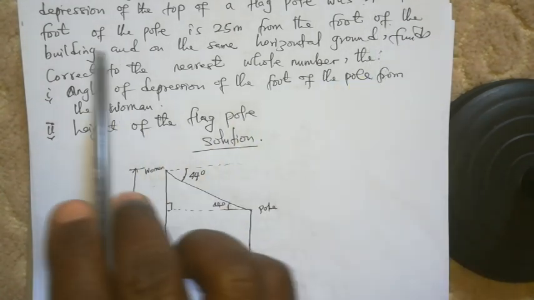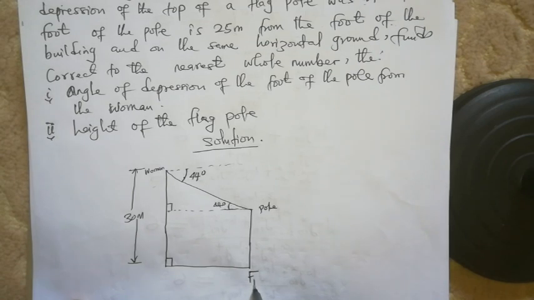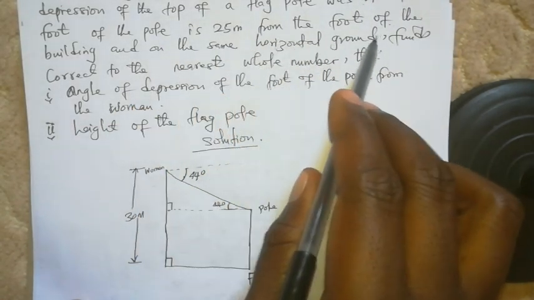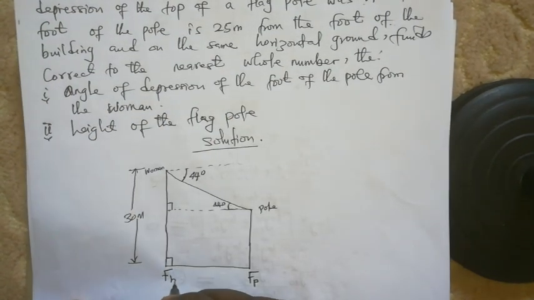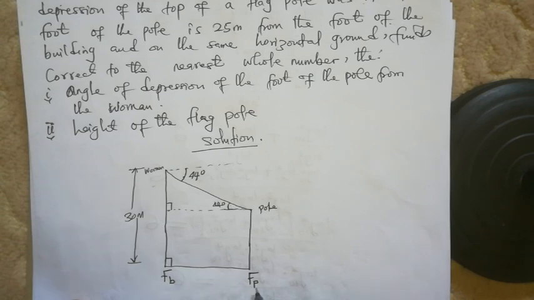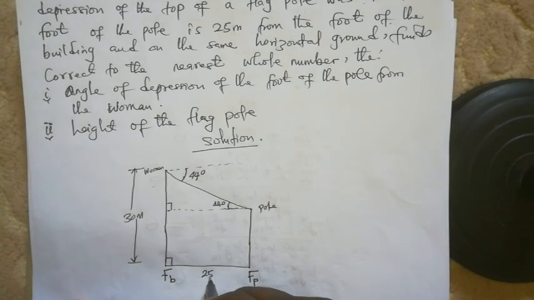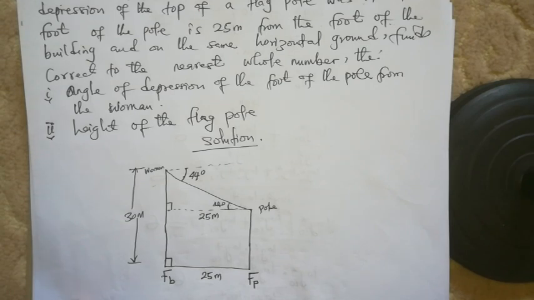They said the foot of the pole is 25 meters from the foot of the building. This is the foot of the building, let it be FB, and let this be FP, which is 25 meters. From here to here is 25 meters. Likewise, we have 25 meters here.